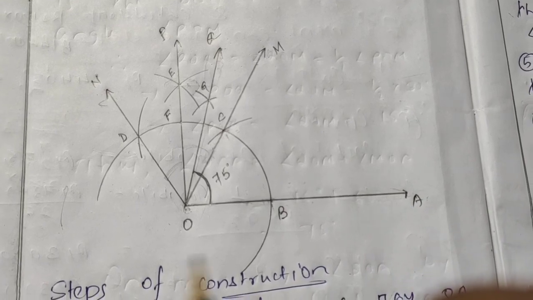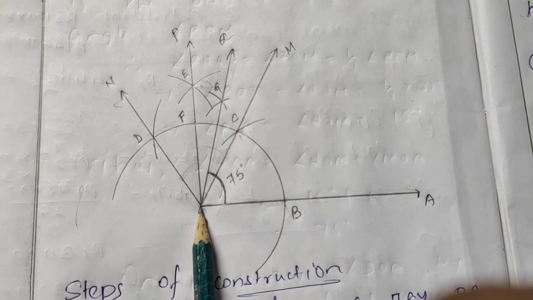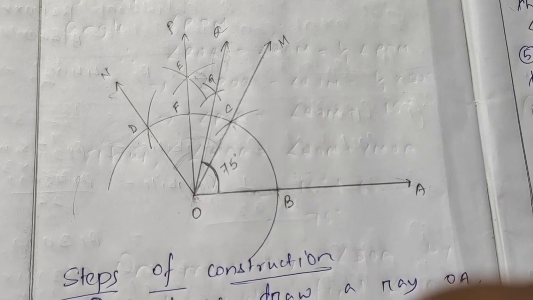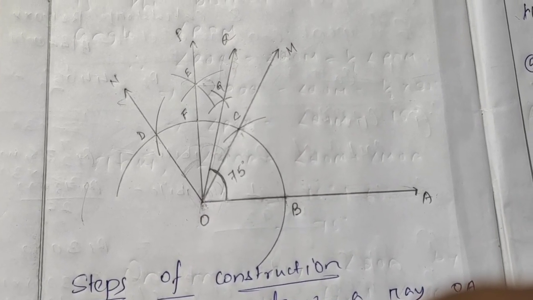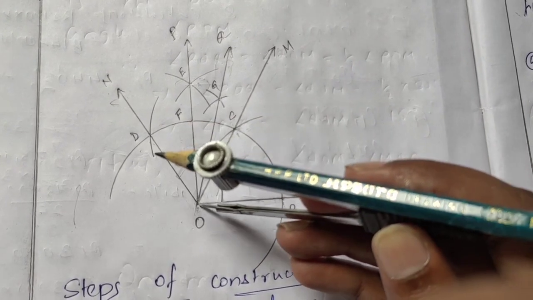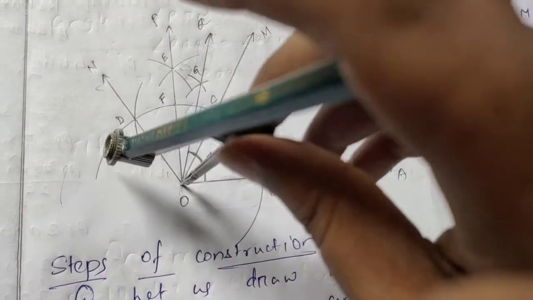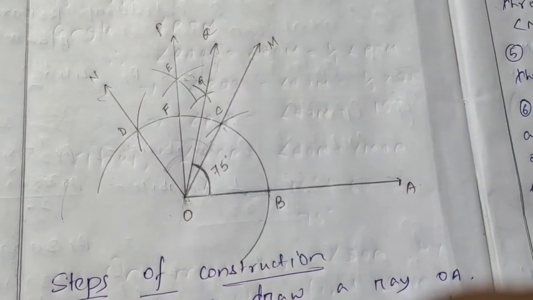Now the second thing is you take the point O as center and draw an arc of any radius, like this.